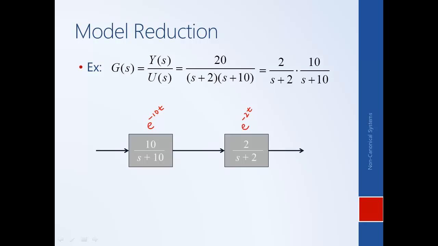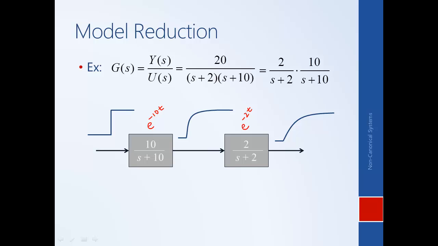Therefore, if we were to give this system a step input, we were to give G(s) a step input, then you can imagine an intermediate signal, which is the response of the first first order model, and then the total output of the system then being the output of the second first order system.